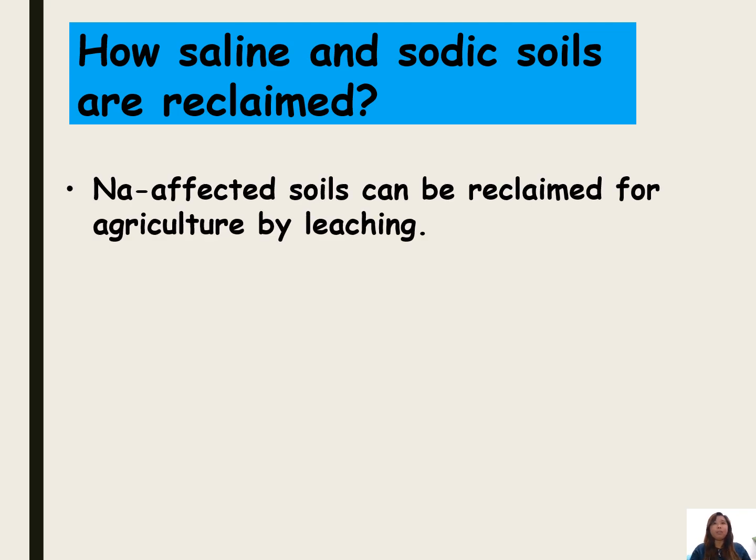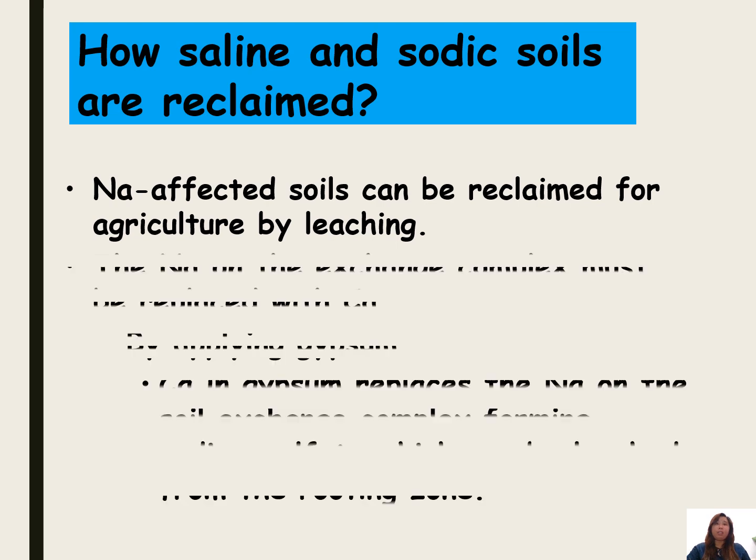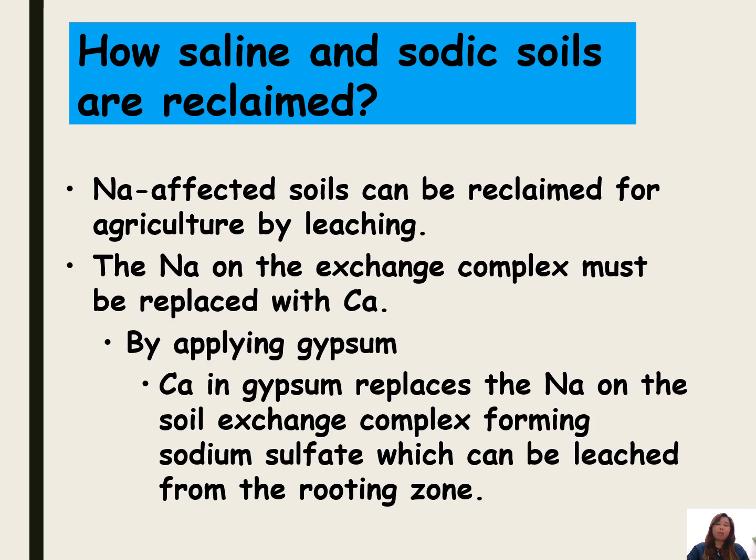The sodium-affected soils can also be reclaimed for agriculture by leaching. The sodium on the exchange complex must be replaced with calcium. So you can apply gypsum. The calcium in the gypsum can replace the sodium on the soil exchange complex, forming sodium sulfate, which can be leached from the root zone.